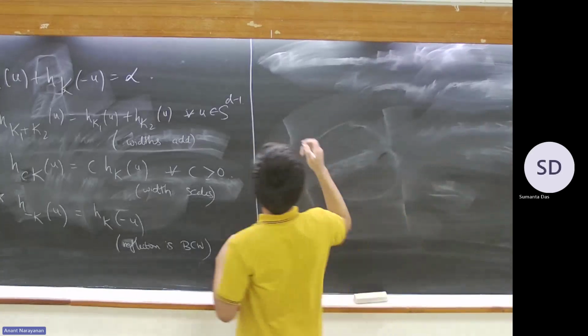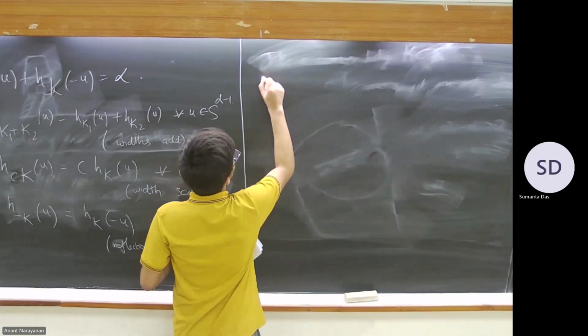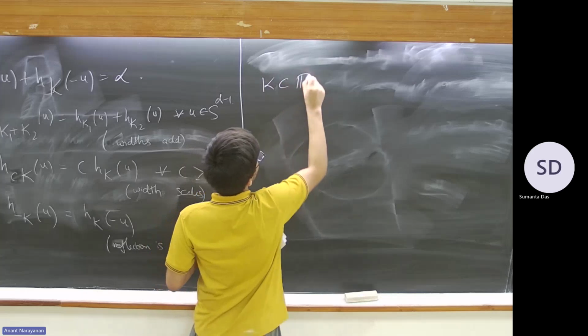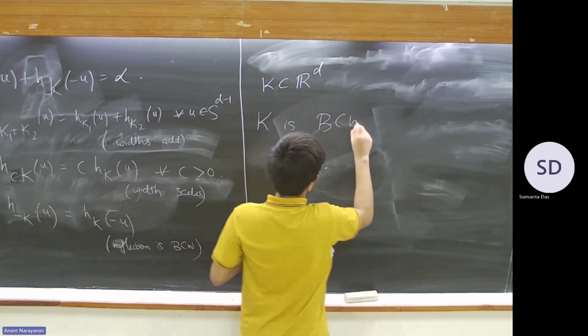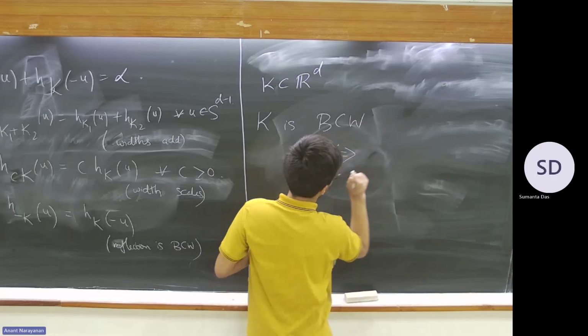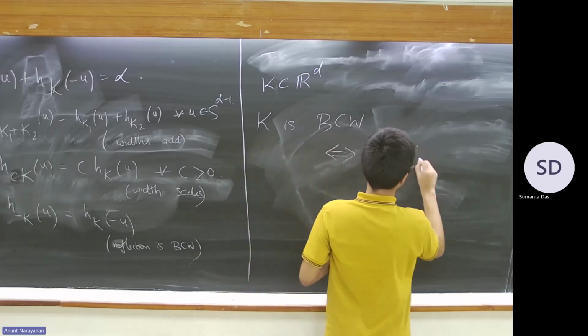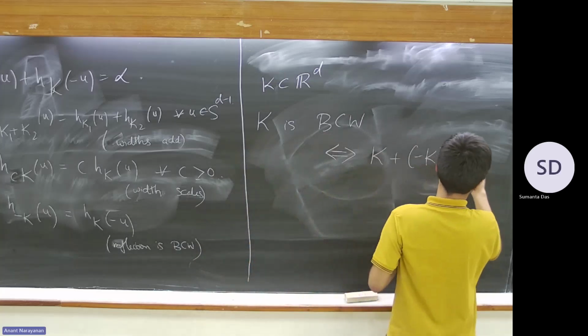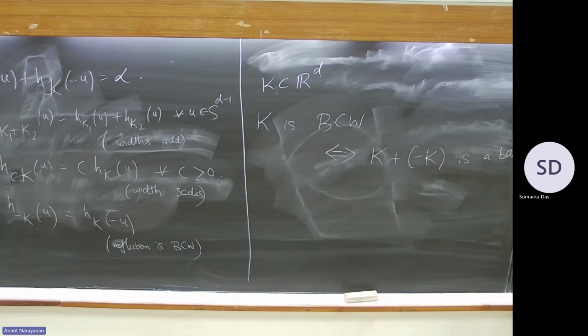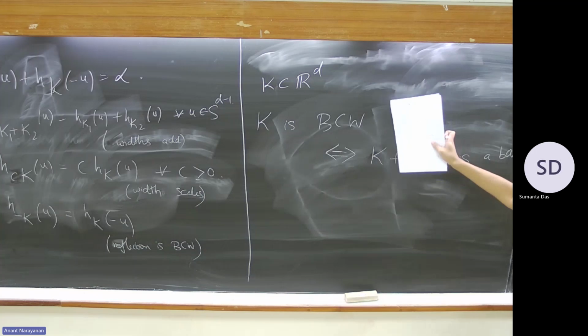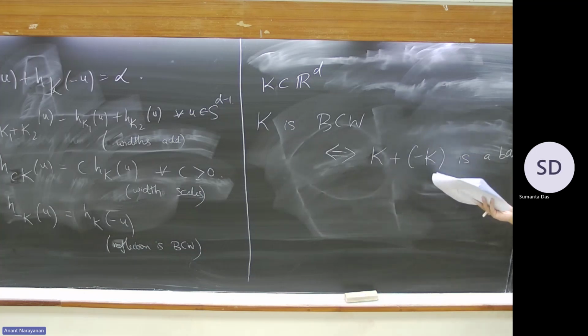And more generally, if you have K in R^d, then K is a body of constant width if and only if the Minkowski sum of K and minus K is a ball. Very sweet little characterization. If K is a body of constant width, K plus minus K is centrally symmetric and it is a body of constant width, so it has to be the ball because your support function is constant.